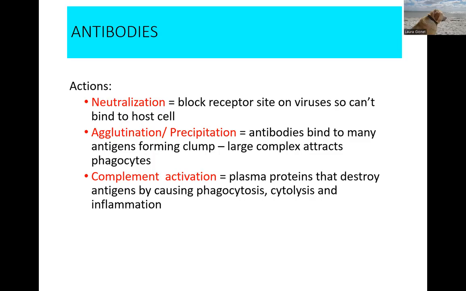Antibodies, their actions are neutralization. They can block receptor sites on viruses, so they can't bind to the host. What antibodies are going to do is bind to the particular antigen on a virus, and this helps to neutralize them so that virus can't get into your other body cells, because viruses enter your body cells and use all those organelles, like your own nucleus, your ribosomes, and your ability to make proteins, and they live off your normal body cells, and they take all the nutrients there.